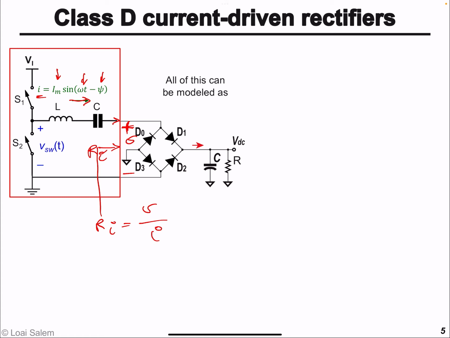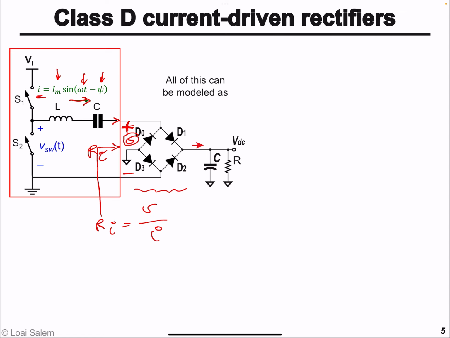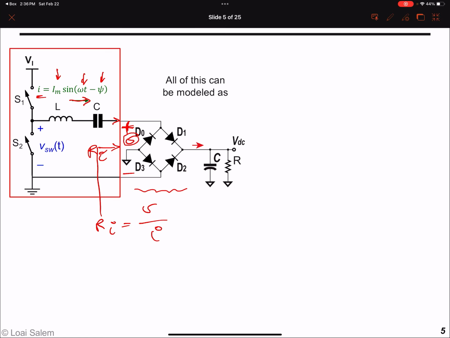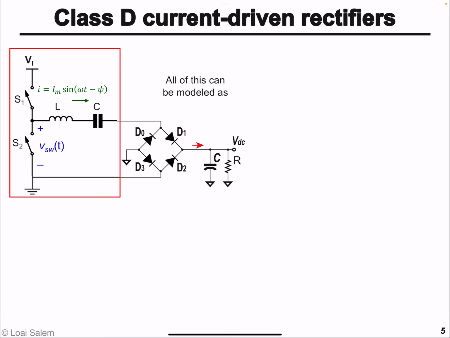Okay, so let's see the operation of the full bridge rectifier, and let's try to find a waveform for the voltage V. First of all, we mentioned that typically the quality factor of a series resonant inverter is by design larger than 2.5.